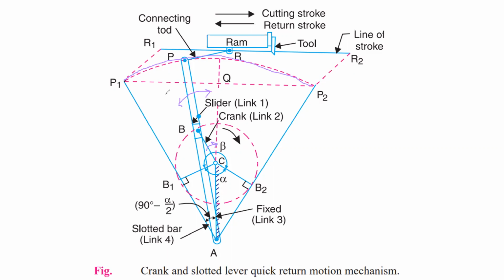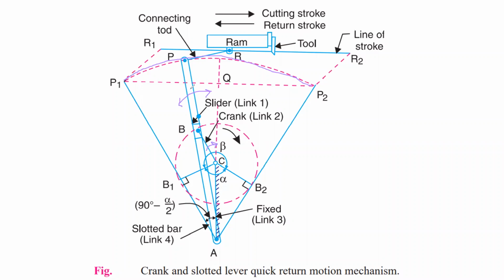In order to utilize this oscillating motion of the lever, we have connected additional links here. Link PR is additional, and at point R of the link, the ram is attached, the ram with the cutting tool.